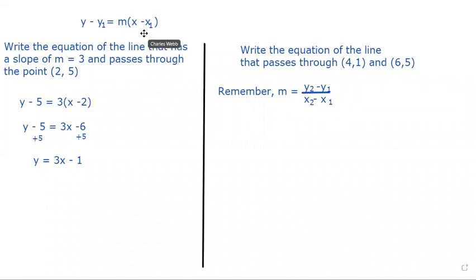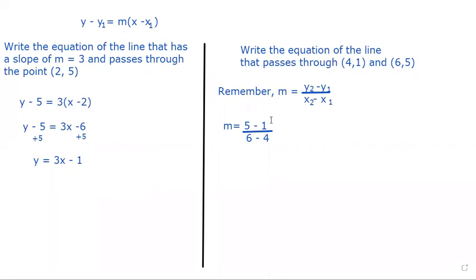Make sure we remember that, because if we remember it, we can get our slope. So now let's come back and find our slope. That's going to give us 5 minus 1 over 6 minus 4.